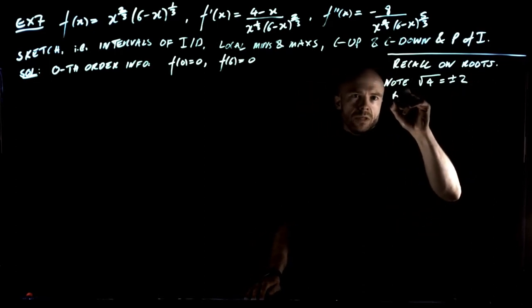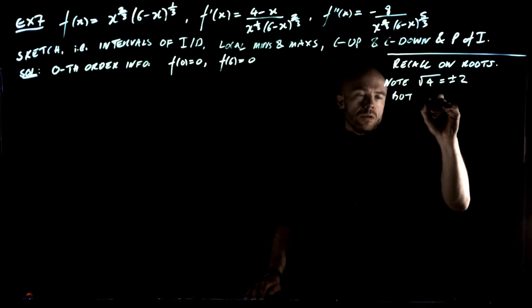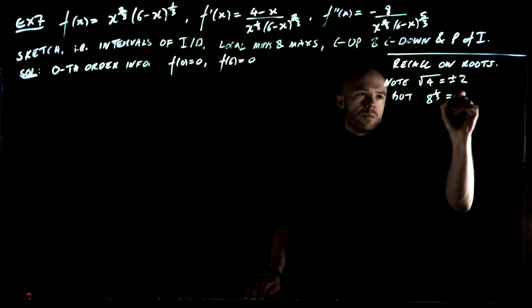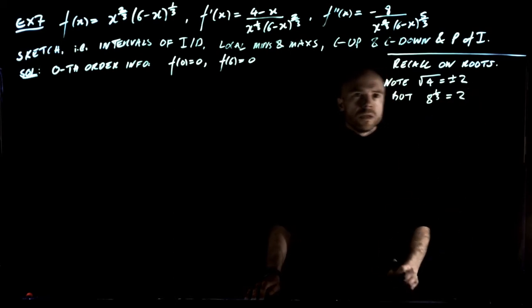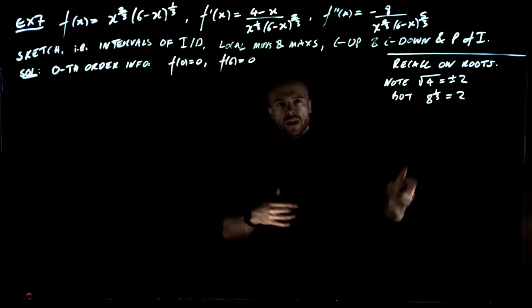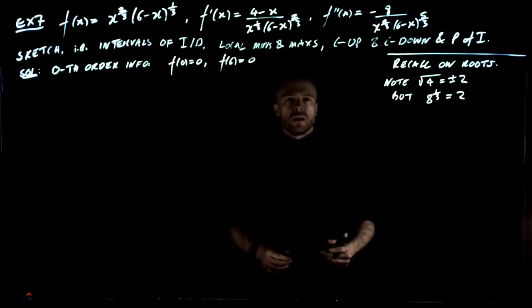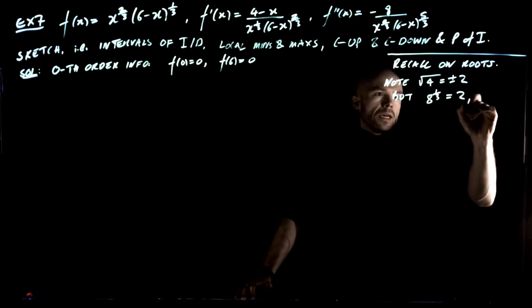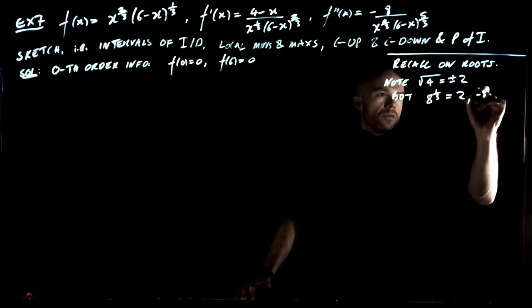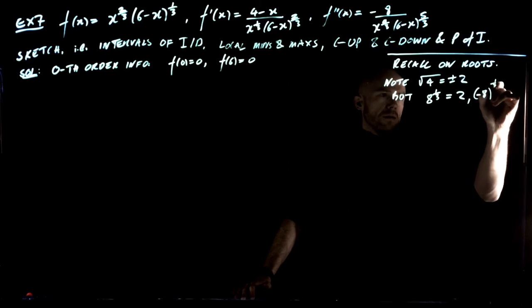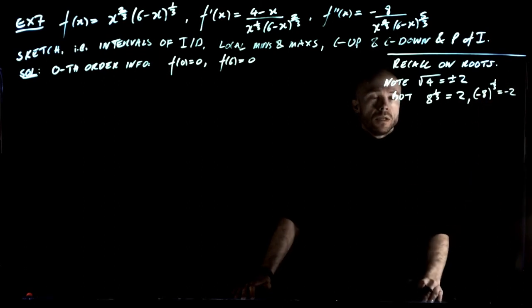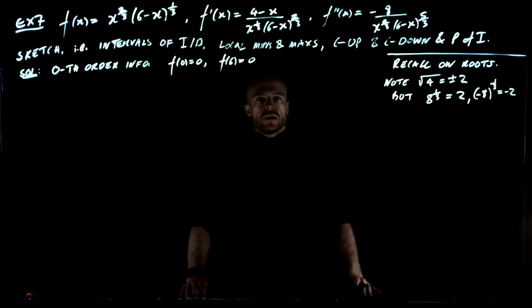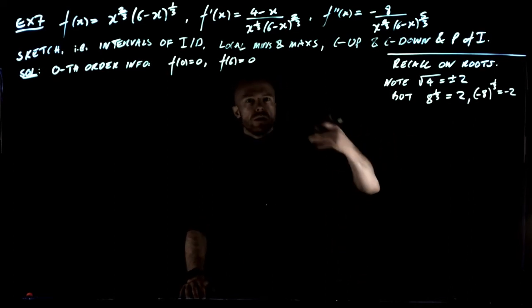But if we take the third root of, say, 8, that can only be 2. Because if we have minus 2, when we multiply by itself 3 times, we have minus 8, which is not the right thing, right? So there's only one third root, right? And indeed, the third root of minus 8 is minus 2. So third roots are in some sense easier, and the same is true for fifth roots, seventh roots.